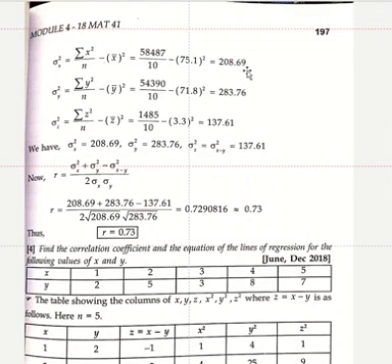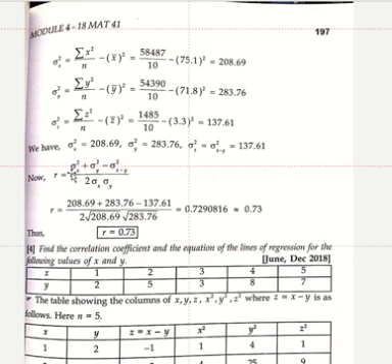Therefore, sigma x whole square is equal to 208.69. Sigma y square is equal to 283.76. Sigma z square, that is sigma of x minus y whole square, is equal to 137.61.